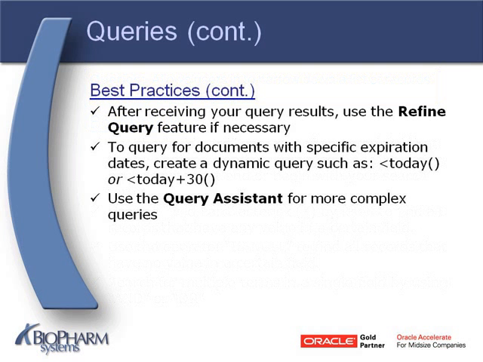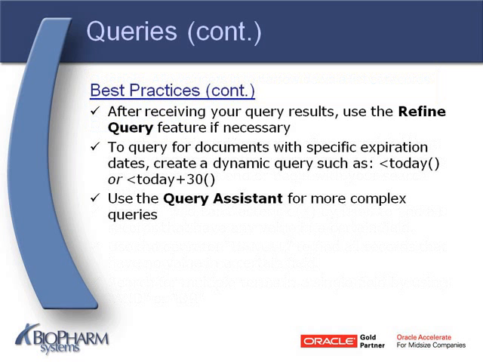After receiving your query results, you can refine them by clicking Query in the Application Level menu and then selecting Refine Query. You can also do this by opening the menu in the List applet and selecting Refine Query.